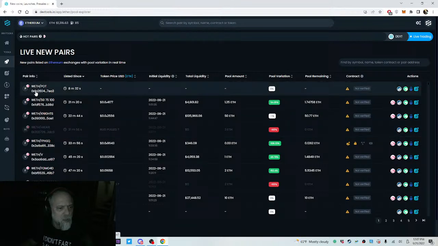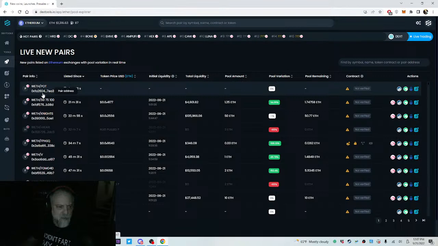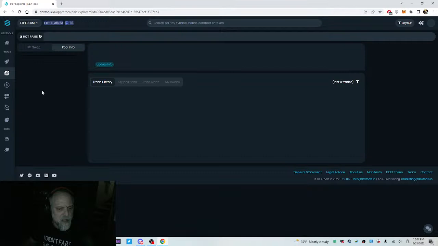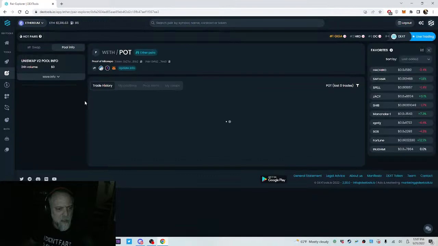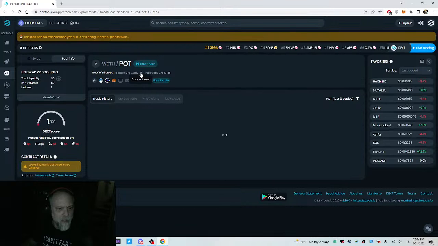You will have the contract address for each one of these tokens or each one of the actual contracts itself. And you can copy these contracts from right here by simply right-clicking, going down, copy link address. You can copy it just by doing that. It'll take you right to it. That was a left click. And then you can come right up here and copy address by left-clicking right there as well.